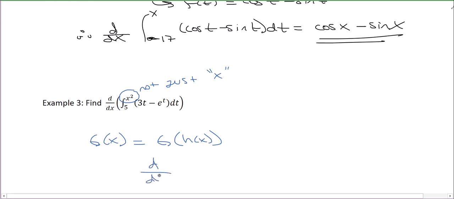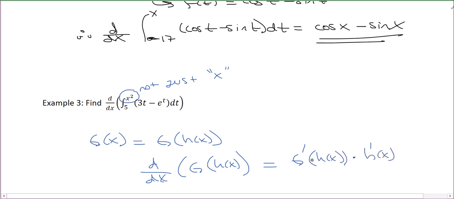The derivative of g of h of x will have to be, by chain rule, the derivative of the outside with the inside left alone, times the derivative of the inside, h prime of x. In this case, our h of x is x squared.